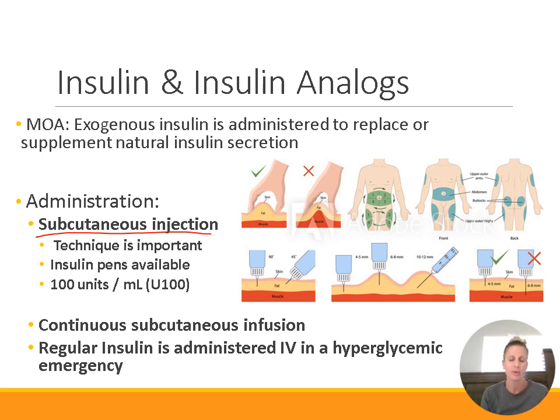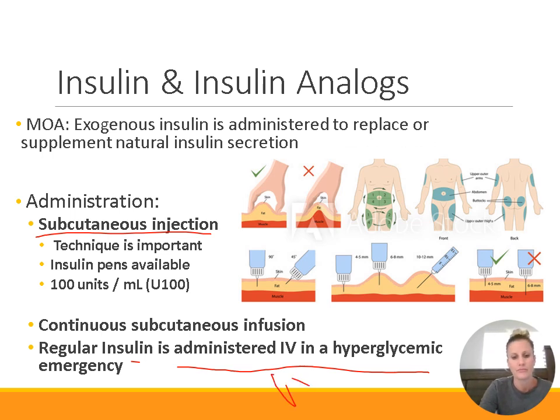So generally what we recommend is insulin to be injected subcutaneously. In diabetic ketoacidosis, DKA, insulin can be given IV. And this is what you see on here too. Regular insulin can be given IV in hyperglycemic emergencies. Again, DKA.